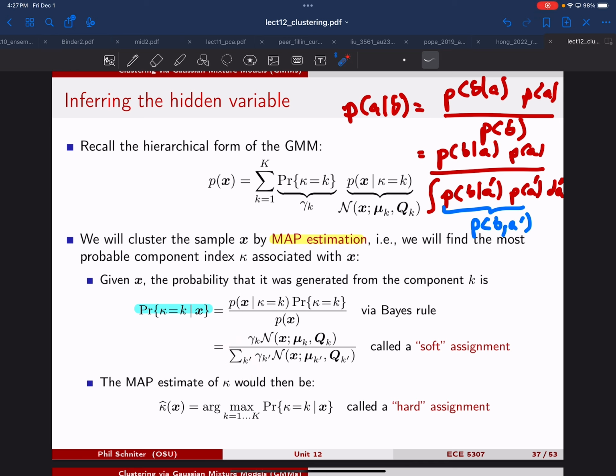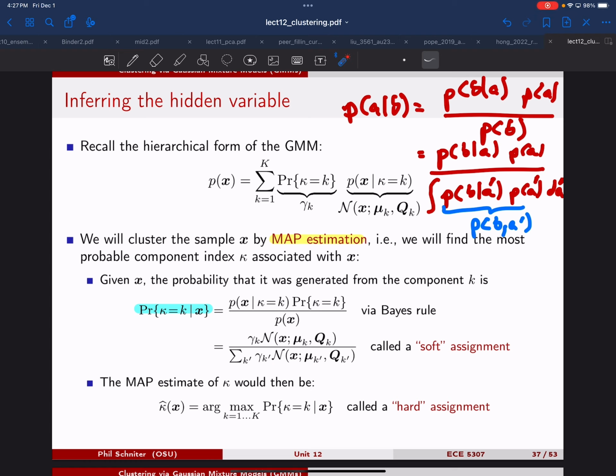Now it's kappa prime. Okay, so this thing we're trying to compute, now we can see how it is a function of the parameters of our GMM. So here we have the gamma, mu, and q for the k we're interested in. And in the denominator, we have all the rest of them. Okay.